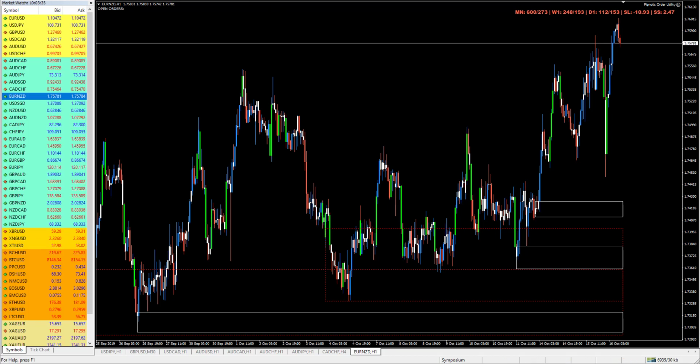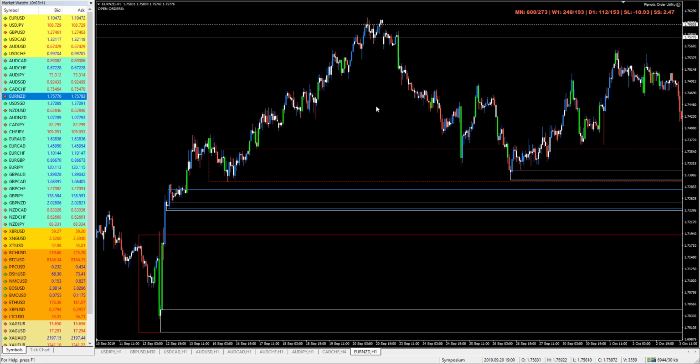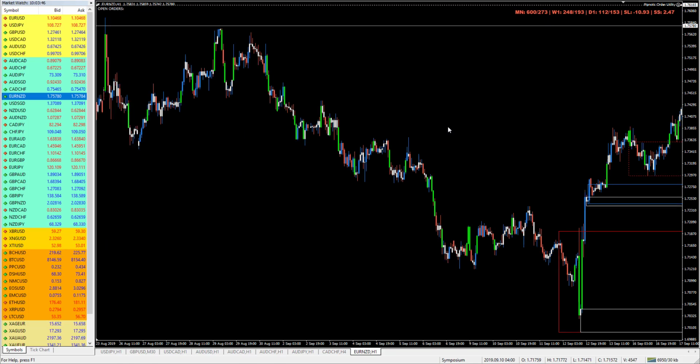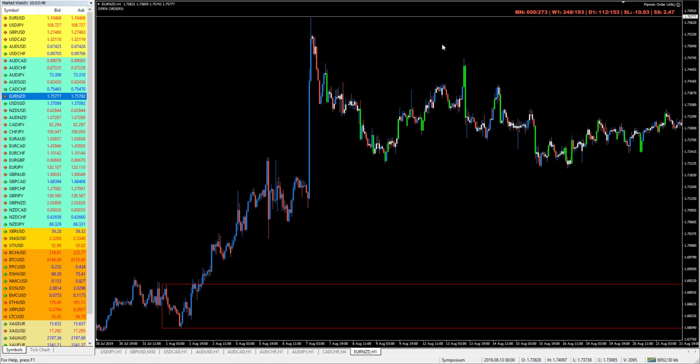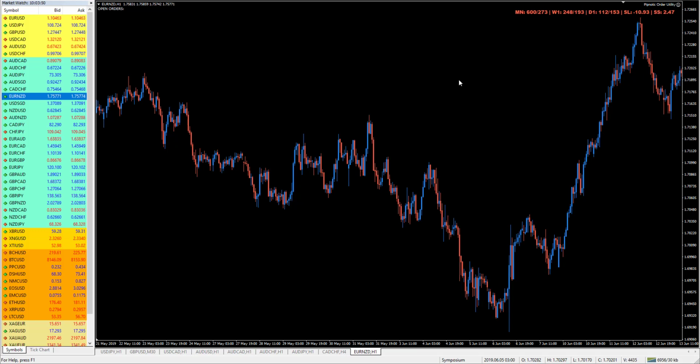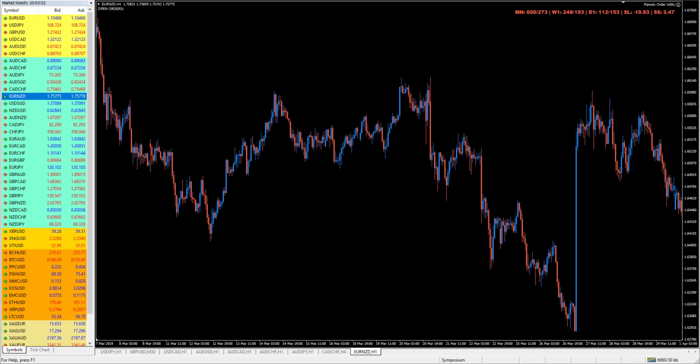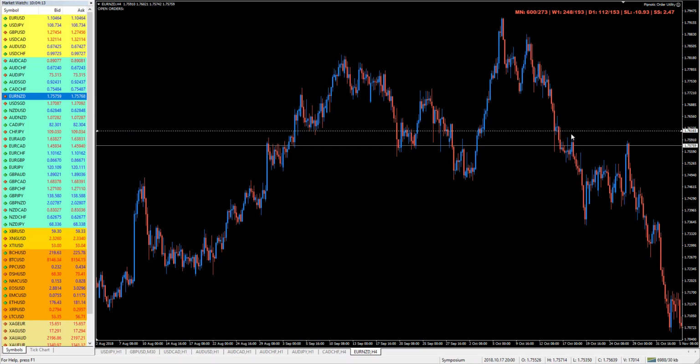And so we could look to places to sell, which will require that we look a little bit further here. Okay, I don't have data on the 1 hour, but we have it on the 4 hour.